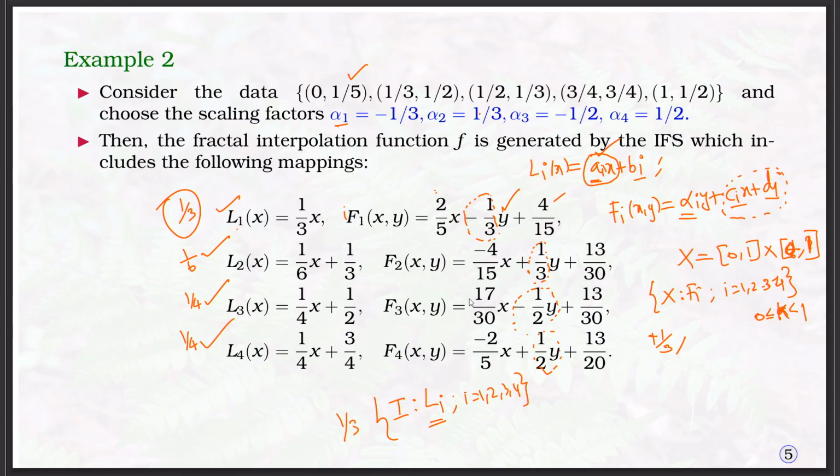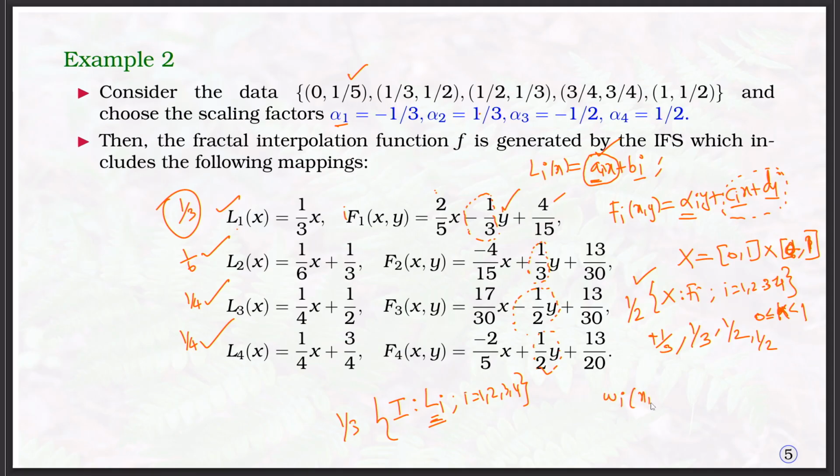So it is 1 by 3, and for F2 the contraction factor is again 1 by 3. The F3 contraction factor is 1 by 2 and the F4 contraction factor is also 1 by 2. So we need to choose the maximum among all, that is 1 by 2, which is the contraction factor of this iterated function system.